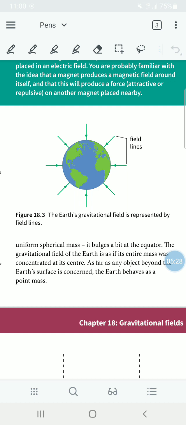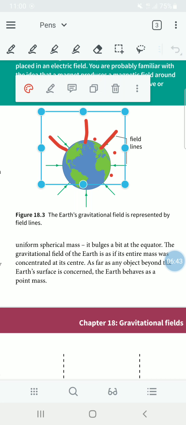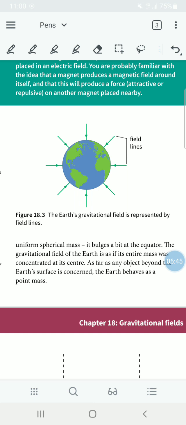You don't have to draw the maps of the world, just a sphere would be sufficient. And draw broken lines to represent that they all converge at the center.